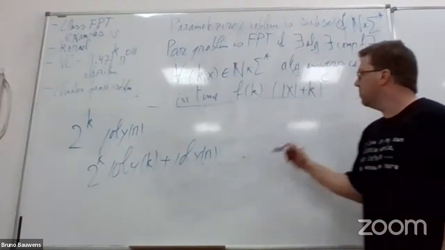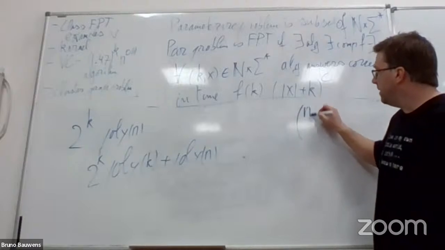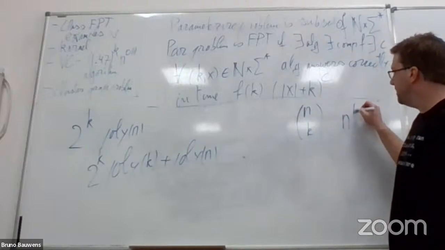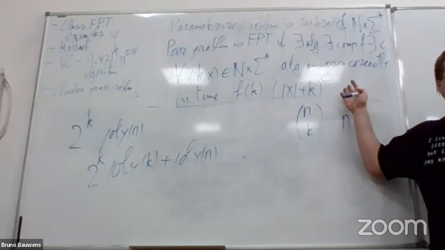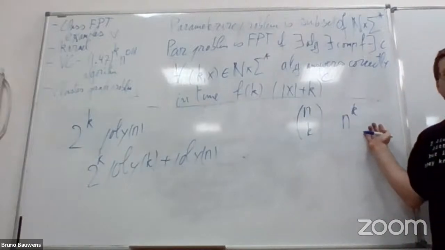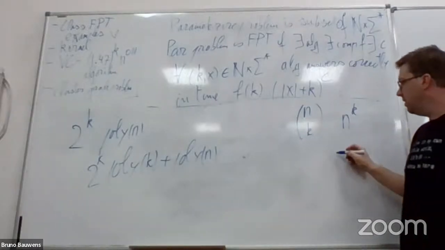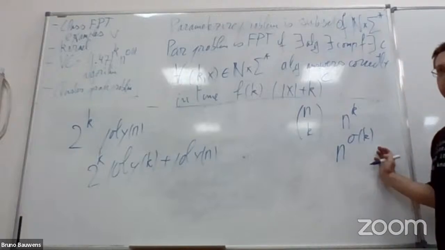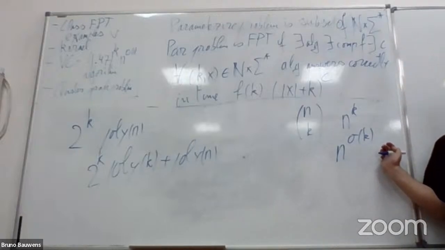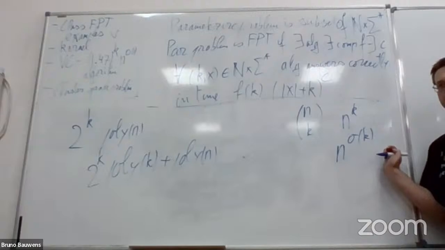Note that the clique problem is solvable in time n choose k, which is essentially n to the power k. So clique is not in FPT, and under the exponential time hypothesis, it's not possible to solve it in time n to the o of k, if I remember correctly. So it's a topic for the next lecture, where we will prove this result.